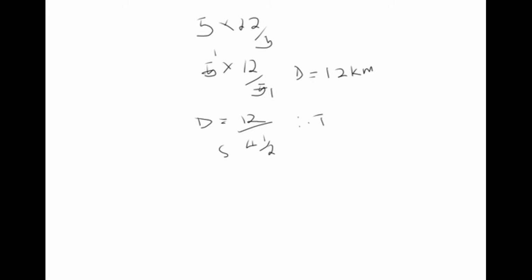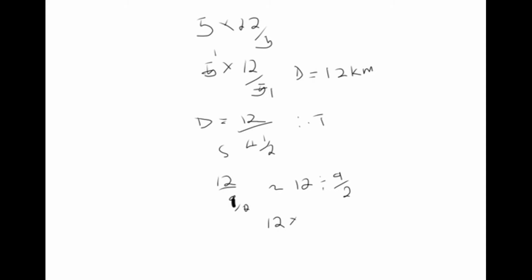Therefore, let us first change this 4.5 into an improper fraction. This is 9 over 2. Therefore, we have 12 divided by 9 over 2. We have 12 times the reciprocal.